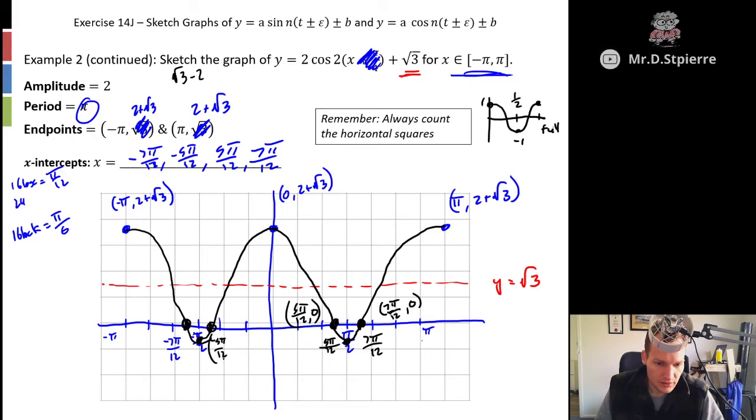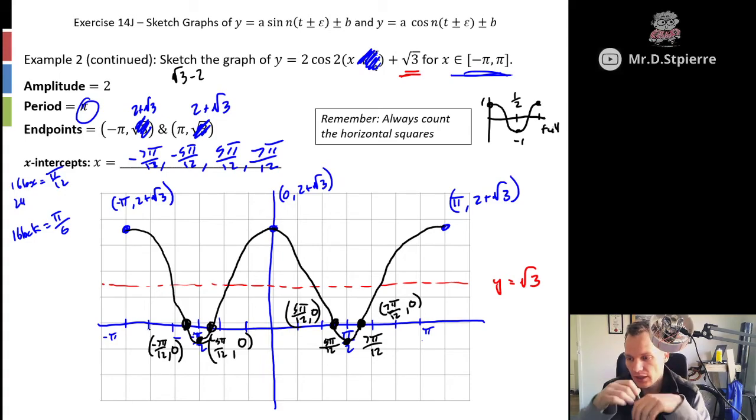Same thing in here: negative 5 pi on 12, 0; negative 7 pi on 12, 0. And there's our graph. So there's a lot to it. Once we start translating, it becomes really particular. There are some skills you really need to have down pat to be successful in this.